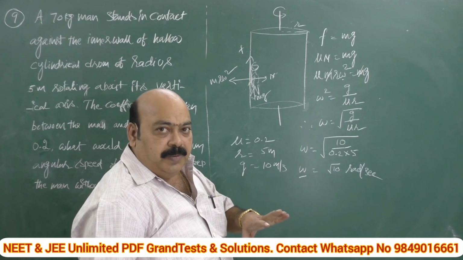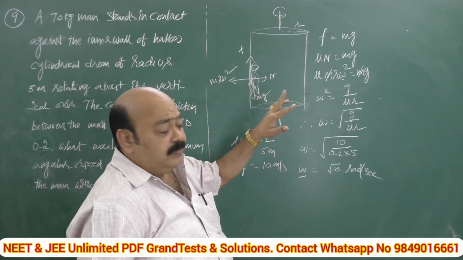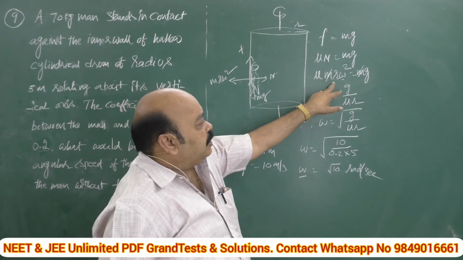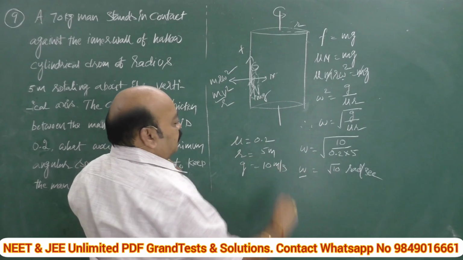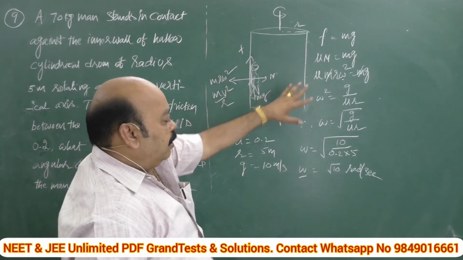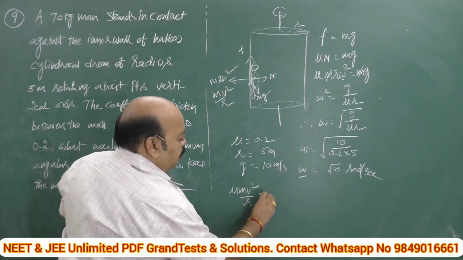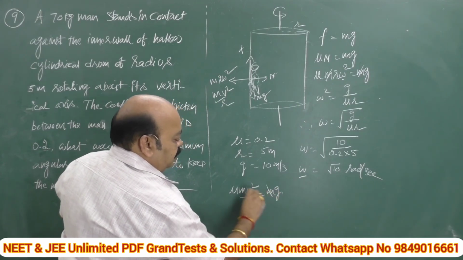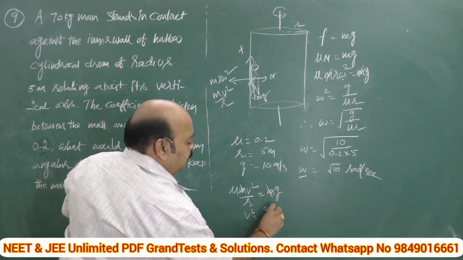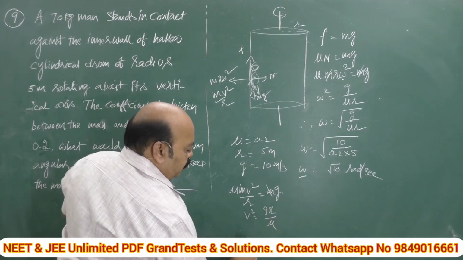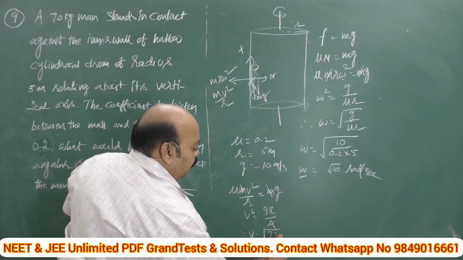If the same problem appears in a different way, what would be the velocity of the drum? Then instead of writing mr omega square, simply we have to go for mv square by r. Remaining all are the same, that means mu times mv square by r is equal to mg, m gets cancelled, v square is equal to gr by mu, whereas v is equal to square root of gr by mu.